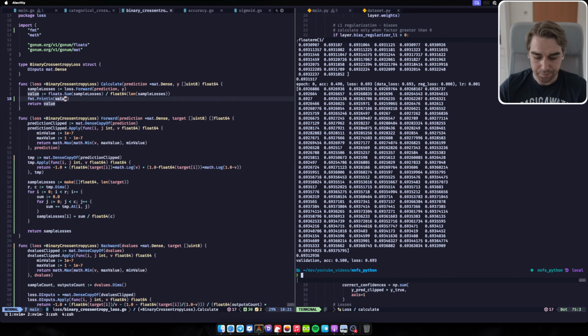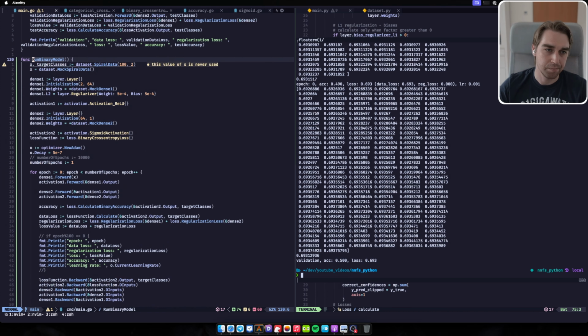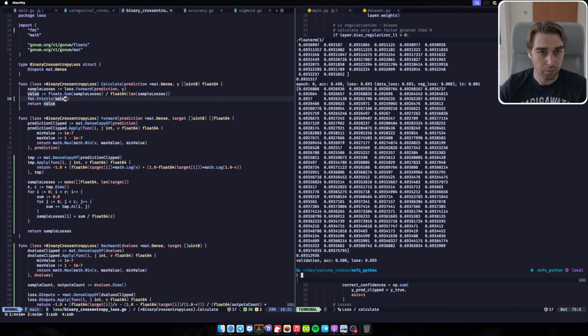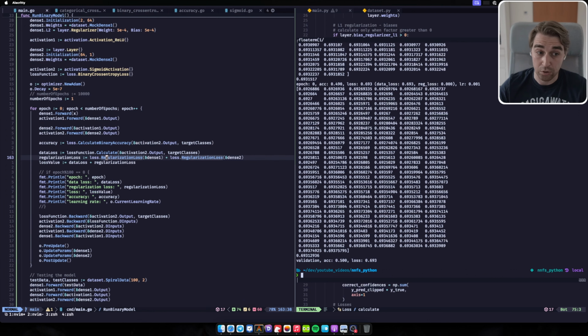Okay, run binary model. And we're not finished actually with the backward method. There is a backward method.